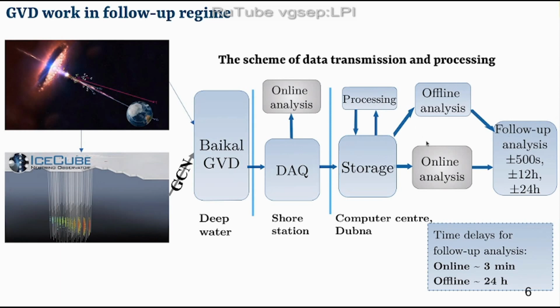Due to these kinds of analysis, we can have follow-up analysis in the next time windows, plus minus 500 seconds, plus minus 12 hours, and plus minus 24 hours. So time delay for follow-up analysis is approximately 3 minutes for online analysis, and it's around 24 hours for offline analysis.